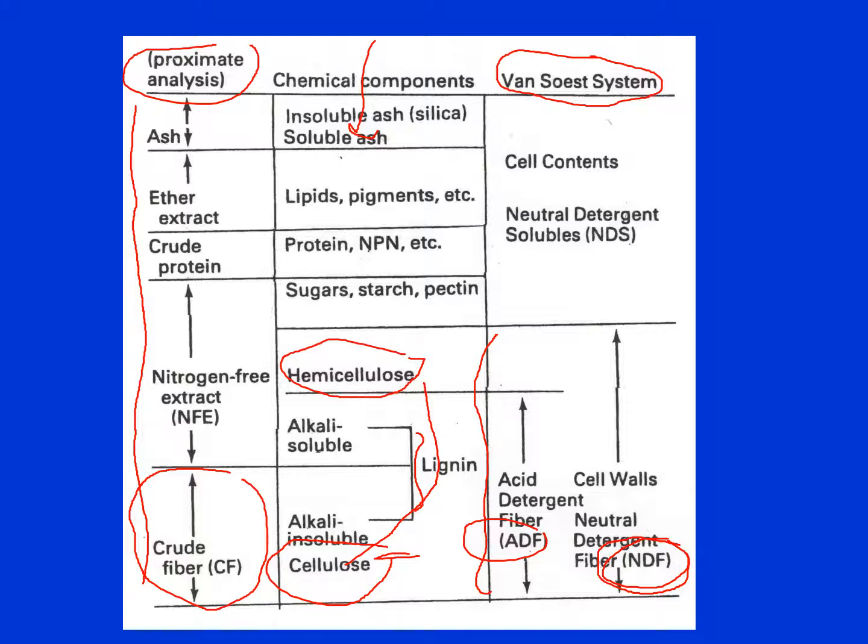And NDF is also just a good measure of how healthy we can keep that tract as well. So even though you maybe don't want a lot of fiber for most animals, to keep a healthy digestive tract you need a little bit of fiber in the diet. So we're balancing rations. We don't want too much fiber, but we need at least a small amount of fiber.